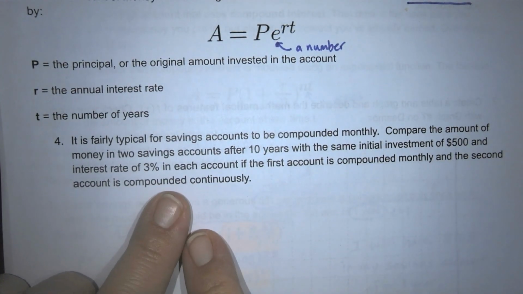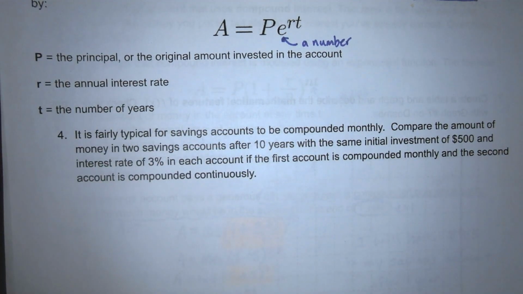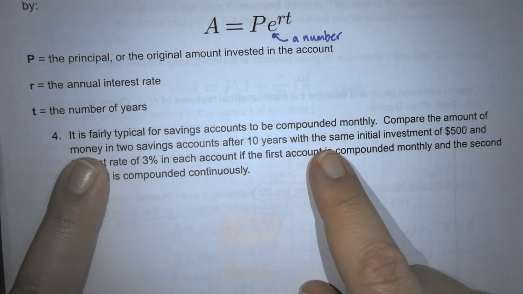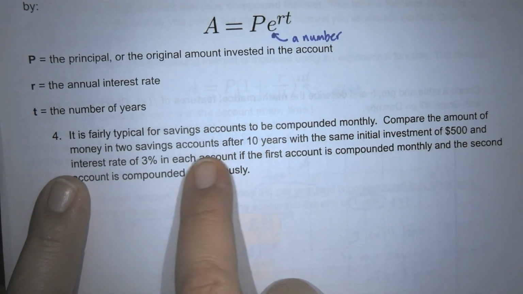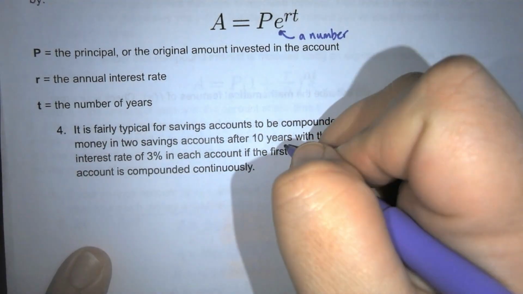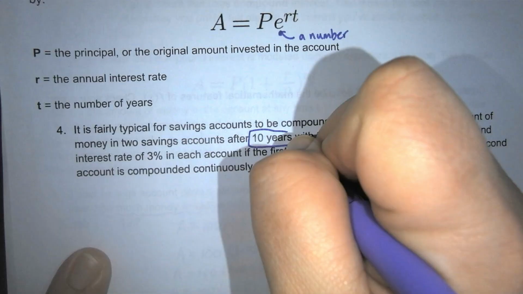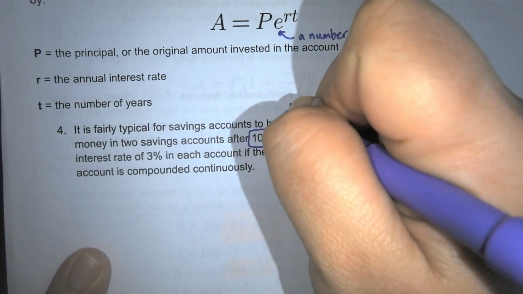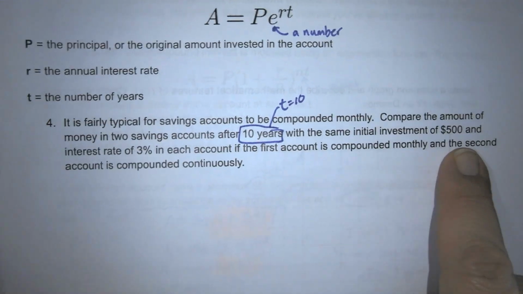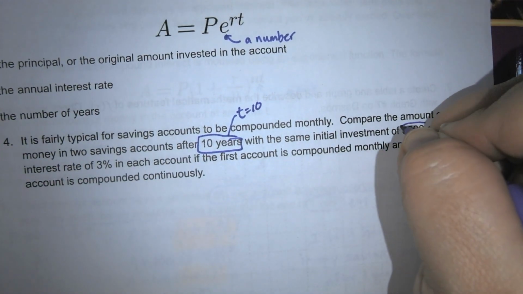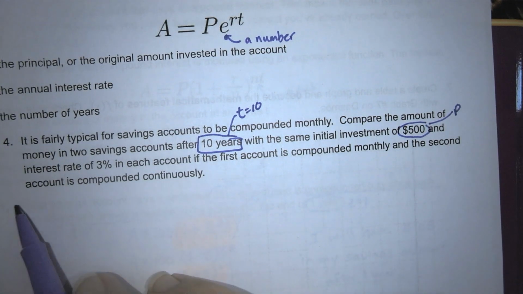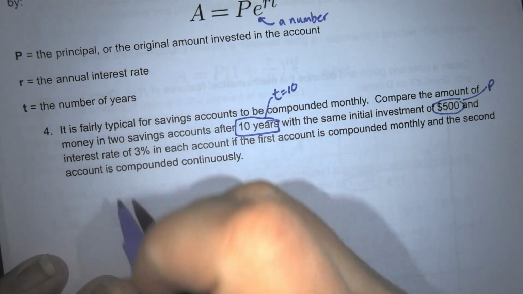So what we're going to do next is compare. How does this formula compare to the one we were already using? It says it's very typical for savings accounts to be compounded monthly. Compare the amount of money in two savings accounts after 10 years. I'm going to quickly put that in a box. So t is equal to 10, with the same initial investment of $500. This is going to be our P, and an interest rate of 3%.